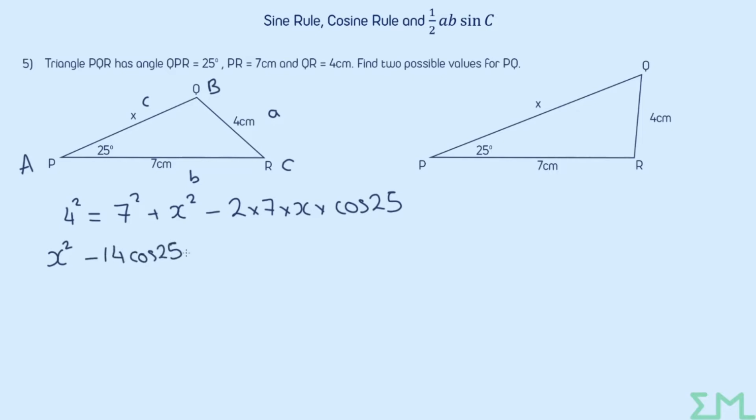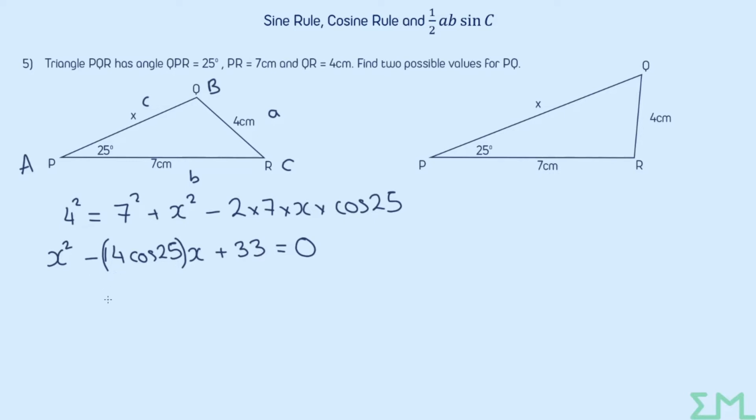Now that's going to be a decimal number that I don't want to have to write down. So I'm going to leave that there and put that straight into my calculator as and when I need to. And then here we've got 49 minus 16. So plus 33. Okay, so that's what it's going to look like when it's rearranged into the right form.